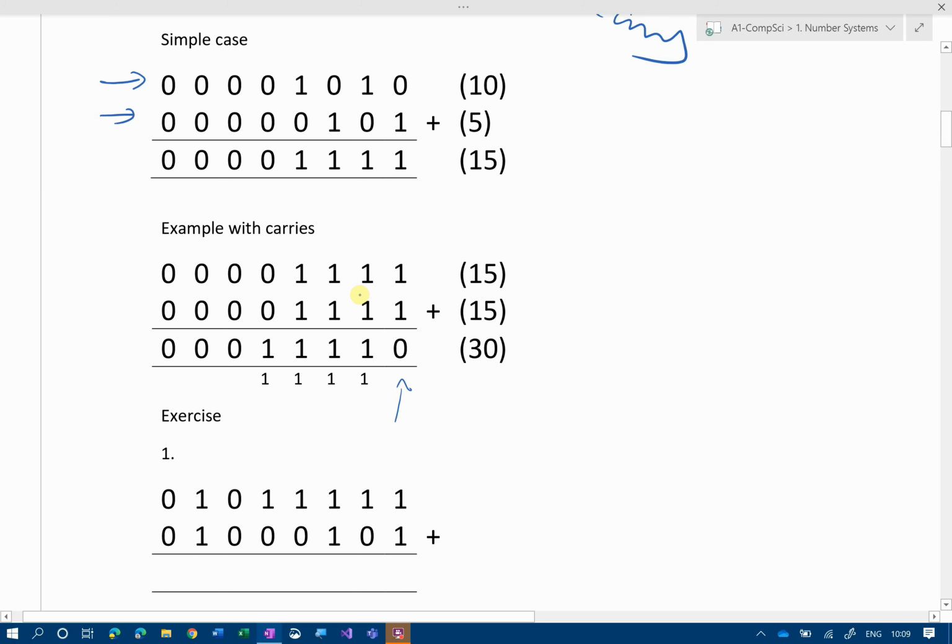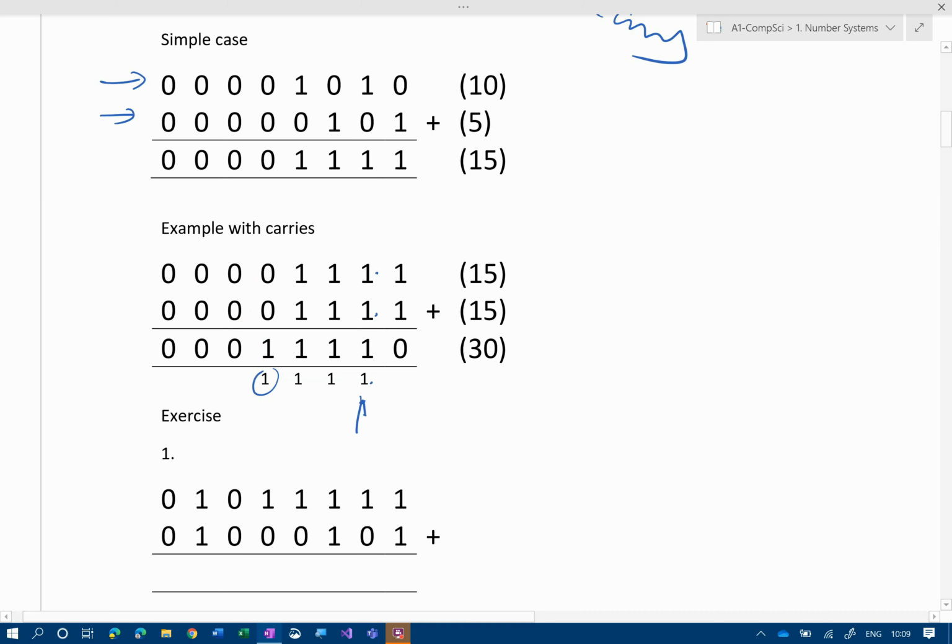Now 1 plus 1 is 0 carry the 1. So we've got the carry here. Now we've got that 1 plus 1 here, carry that plus that 1 is 1 carry 1. And we keep on doing that until we finally get this carry here. So this carry plus 0 is just 1. All right, so that's the situation where you have carries.